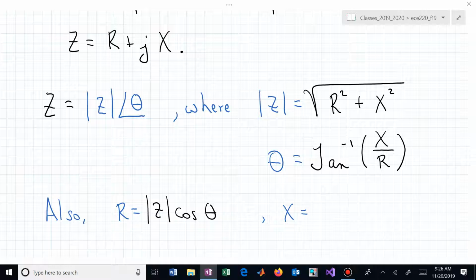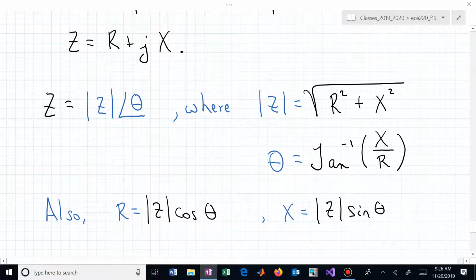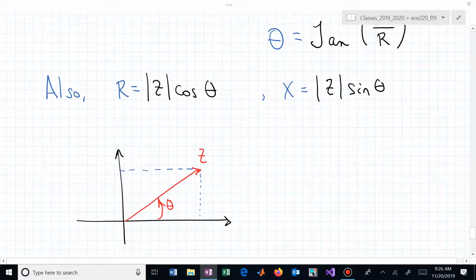Likewise, you could find the reactive component, the reactance, by projecting onto the vertical axis. And that's displayed here graphically, where this particular piece is R and there's jX.